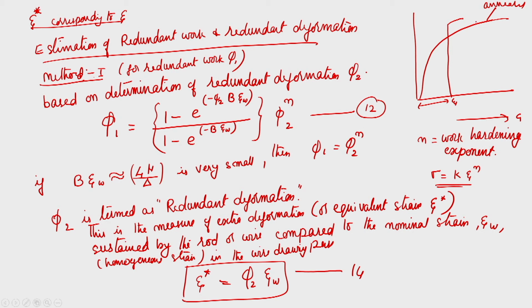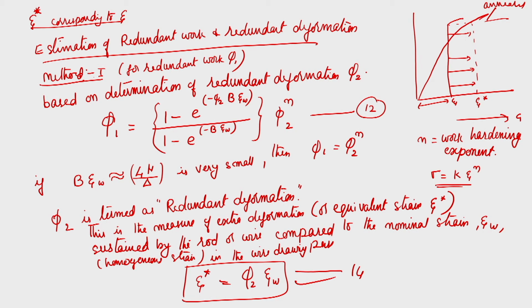So, if you move this up to here, it will match with this. Okay. So, this is called the epsilon star strain. So, if you translate this into this region, you are getting this epsilon star strain. So, that is this relationship which you are getting here. That is what you should understand, that this is the redundant deformation and not redundant work.